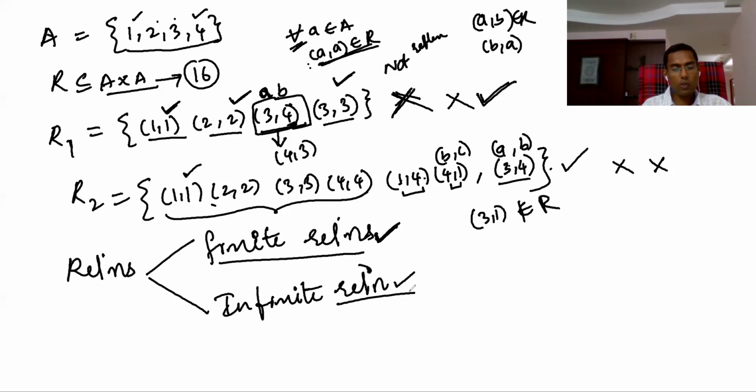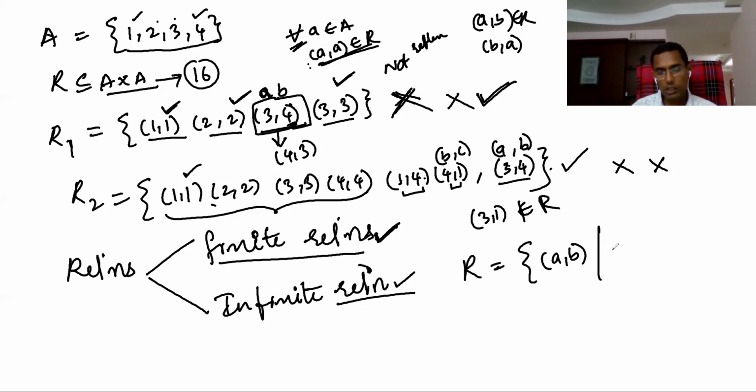What are infinite relations? In the set you have infinitely many elements. For example, I am writing here one relation: A comma B such that B equal to 2A, and A comma B belongs to N, the natural numbers. This is an infinite relation.